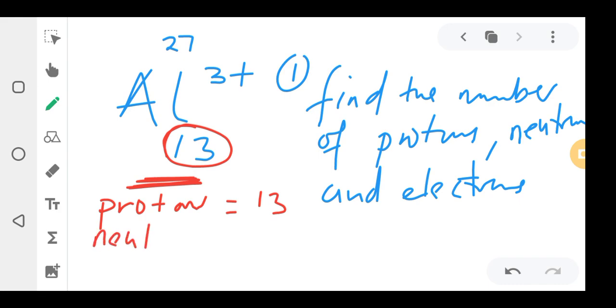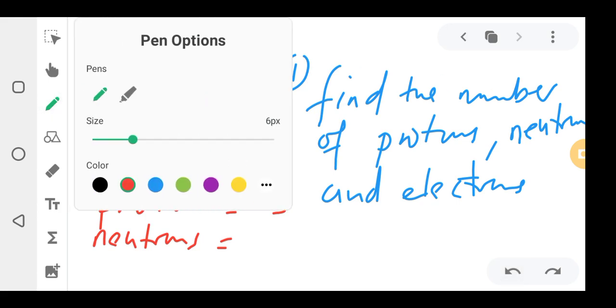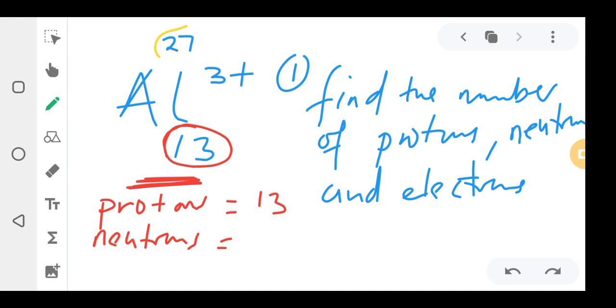For the neutrons, you always subtract the number on top minus the number down. So 27 minus 13 is 14. It means there are 14 neutrons.